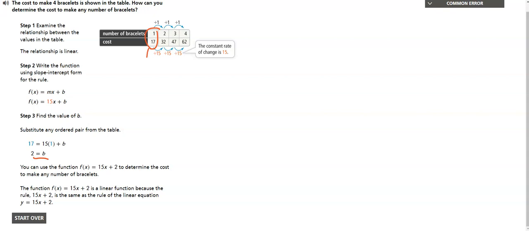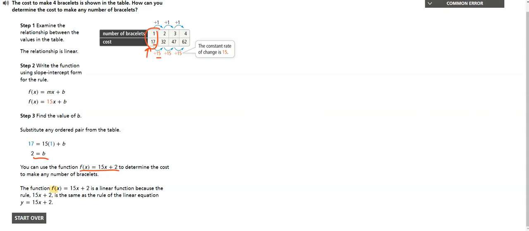You can tell from up here, because the difference between the rate of change and this number here is 2. So I know that for the one bracelet, even though it cost 15 to make, there was a charge of $2, an initial cost on top of the 15. We're then going to use the function f of x equals 15x plus 2. That is now something we can use to determine the cost to make any number of bracelets.